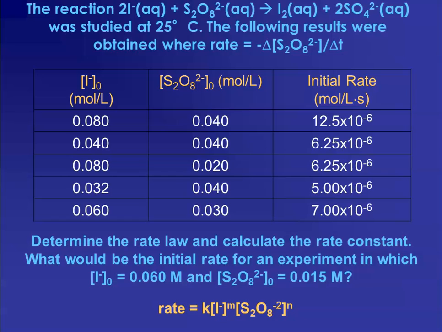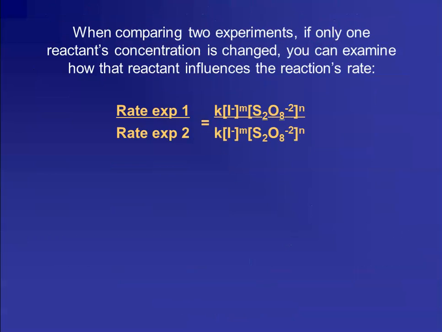So if all I do is examine experiment 1 versus experiment 2, whatever change in the rate is seen would be due solely to I minus, since S2O8 2 minus is acting as a constant. We always want to try to pick a pair of reactions where only one of our reactant concentrations is changing, so that we don't have to worry about the other one at all.